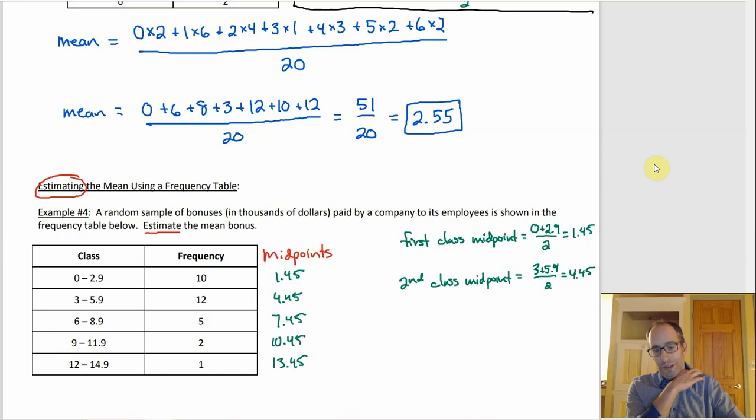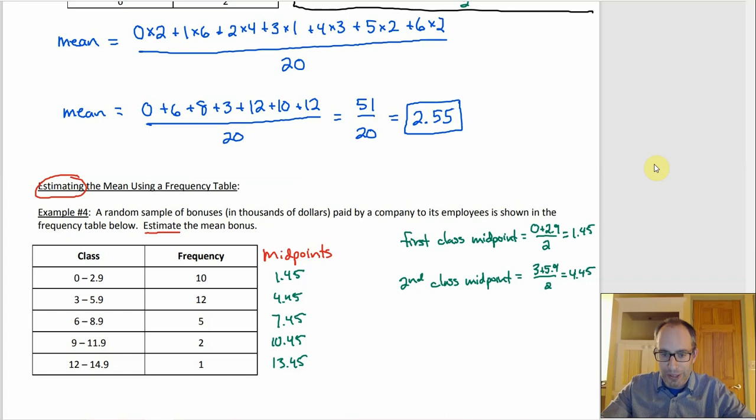But the point here of getting the midpoints is we're going to do something similar to what we did in the last example to get the mean, except since here we have ranges of values, right? We have these intervals. Then we've got to get the interval down to one individual number. And so to pick a typical value for that interval, the best thing you could use for a typical value is the midpoint.